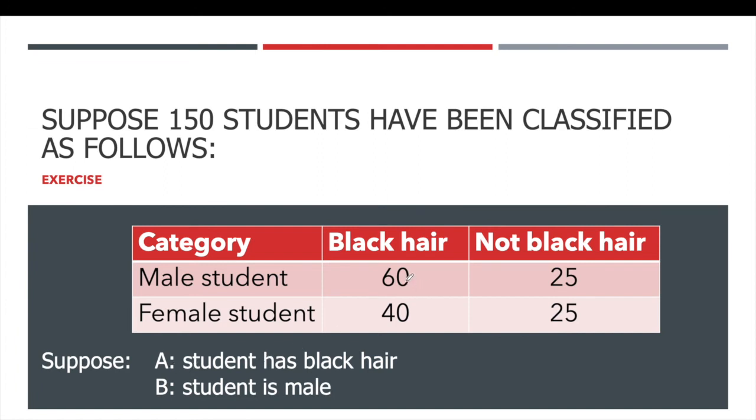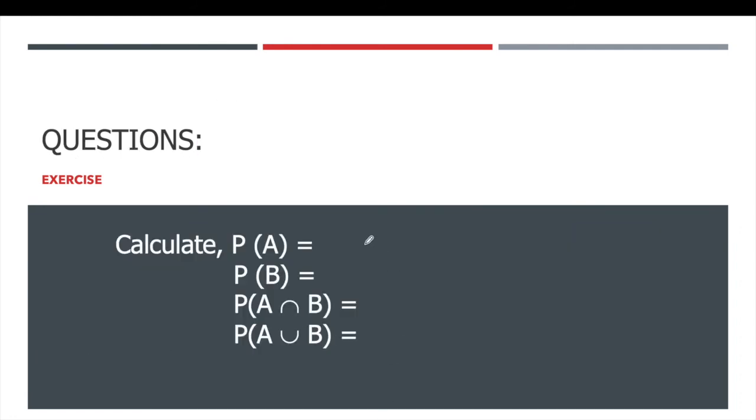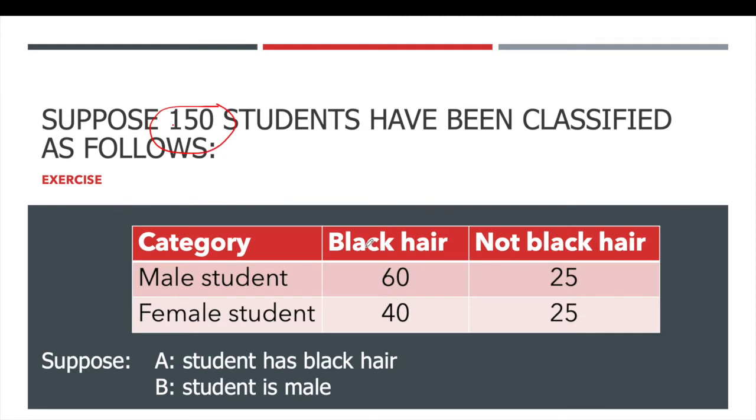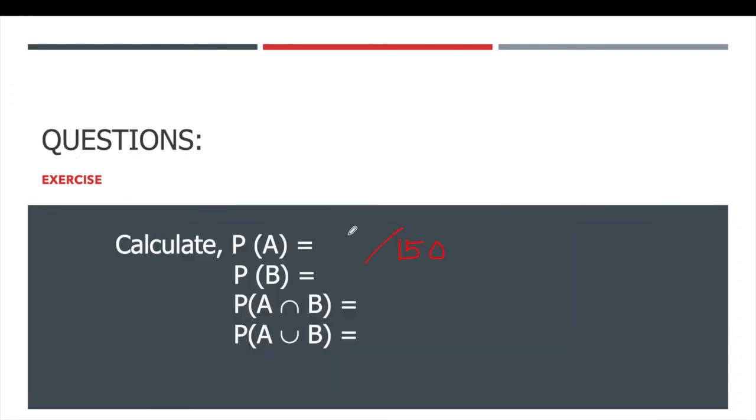A is the student has black hair. The total should be 150, so we put 150. For A, the students with black hair, how many? 100, right? So it should be 100 per 150.